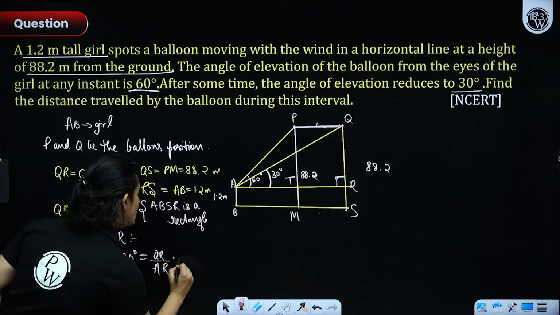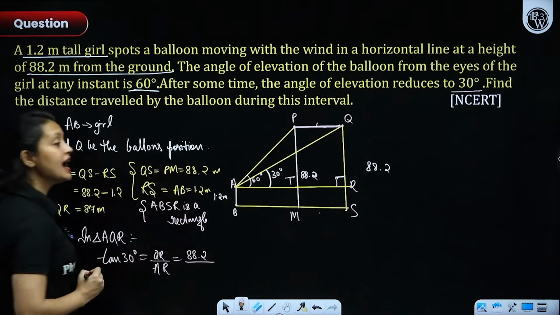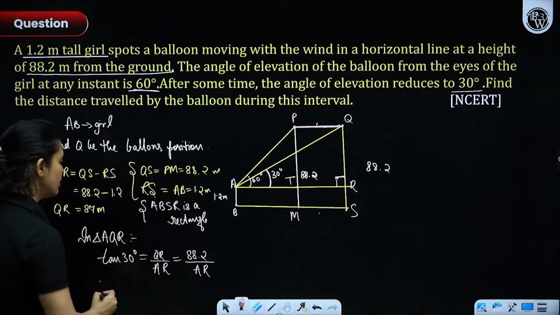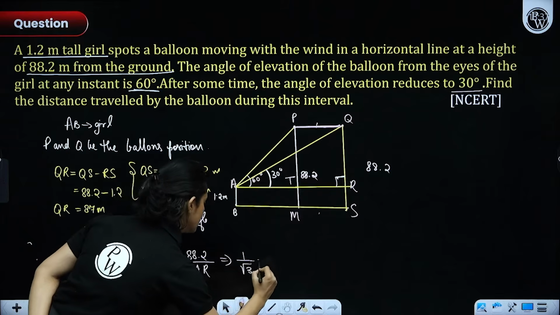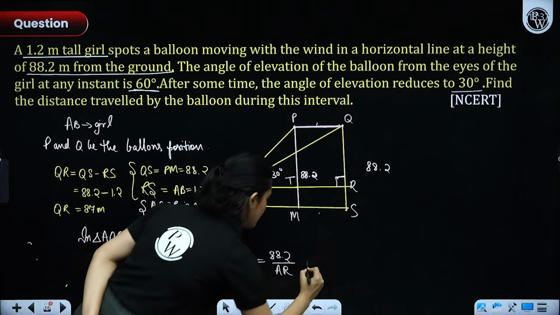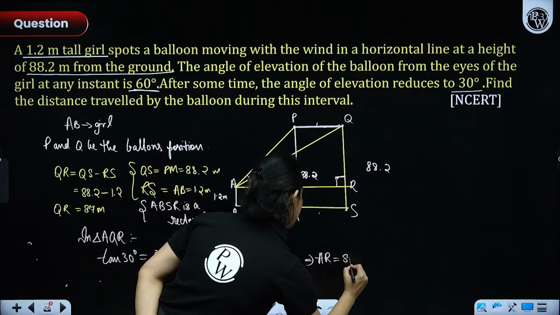Now QR is equal to what? It is equal to 88.2. AR I don't know, I have to figure that out. So from here, 1 over root 3 is equal to 88.2 over AR.